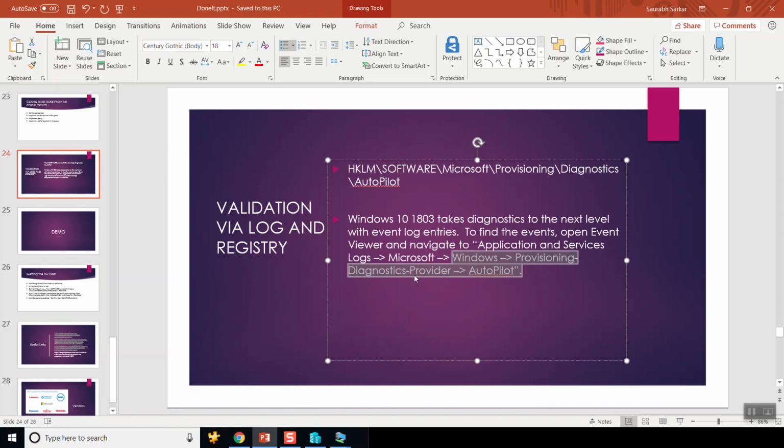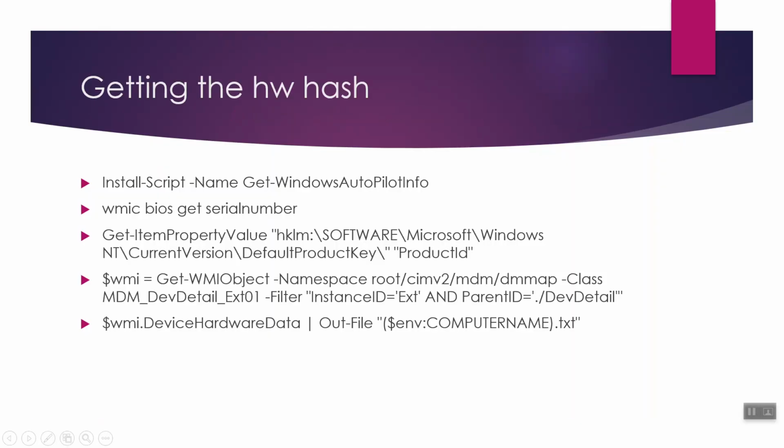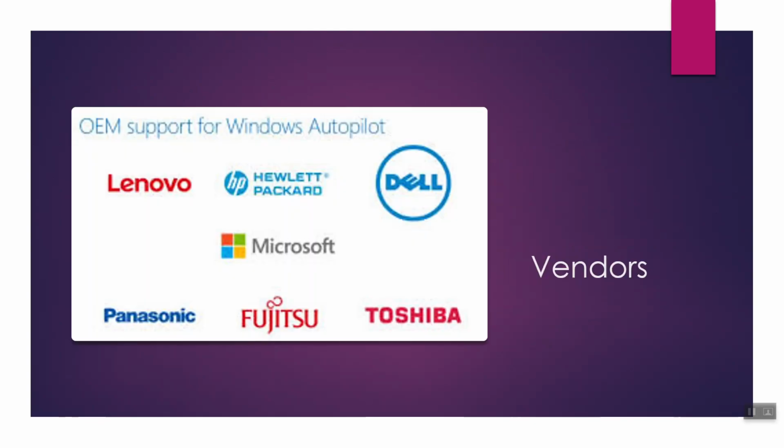All the logs related to enrollment would be there in the device. This is in addition. This is a log, and this Autopilot location is something you can check in the registry. And getting the hardware hash we already did.